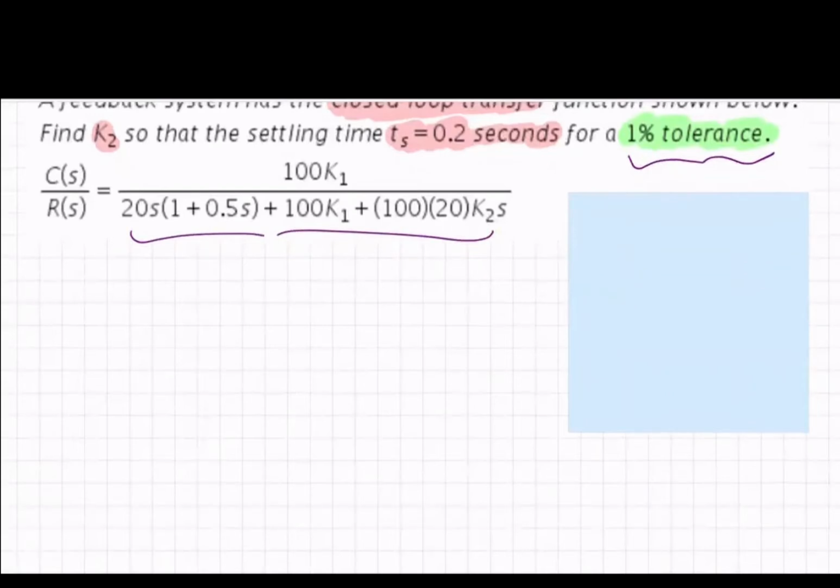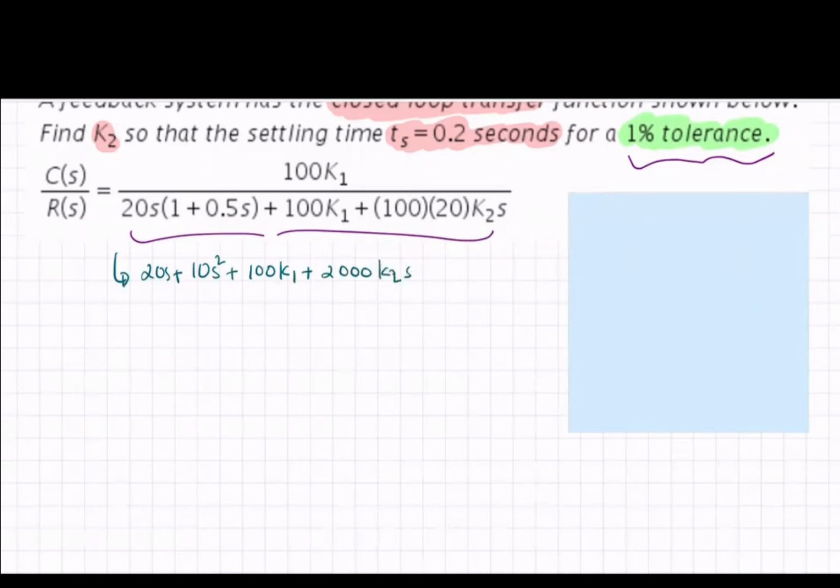So if you see here the denominator only, 20s plus 20 times 0.5 will be, so this is basically 10 s squared plus 100 k1 plus 2000 k2 of s.